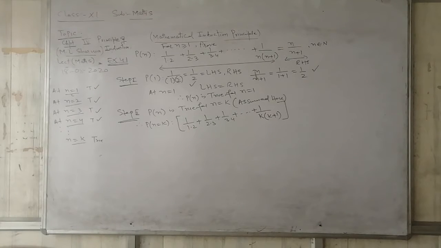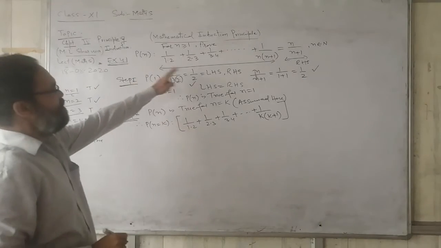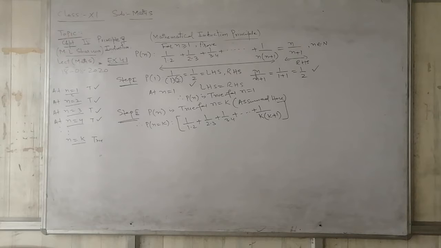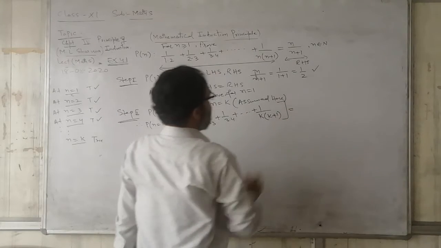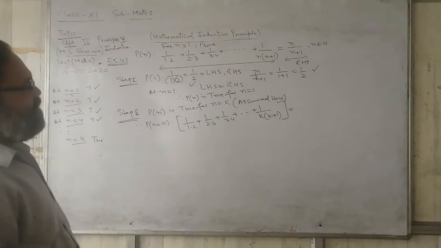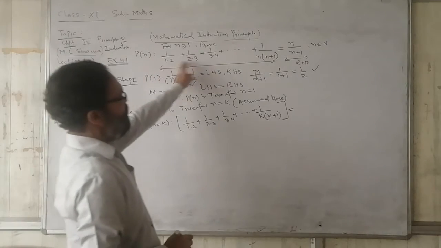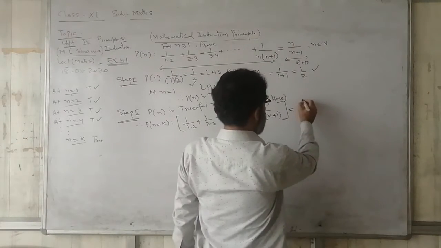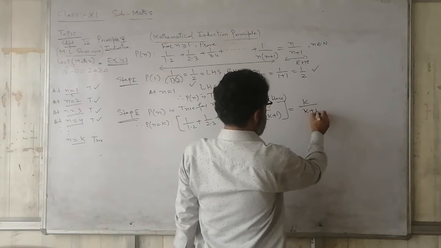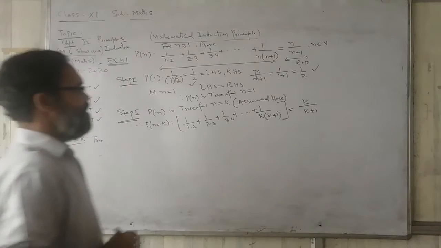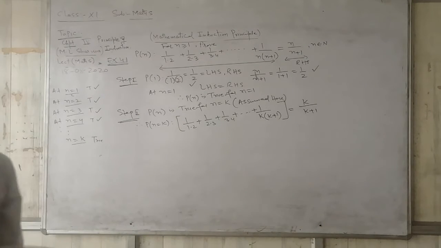So this is my left hand side of the given statement. And on the right hand side, instead of n, I put k, where k is a positive number. It can be any natural number.